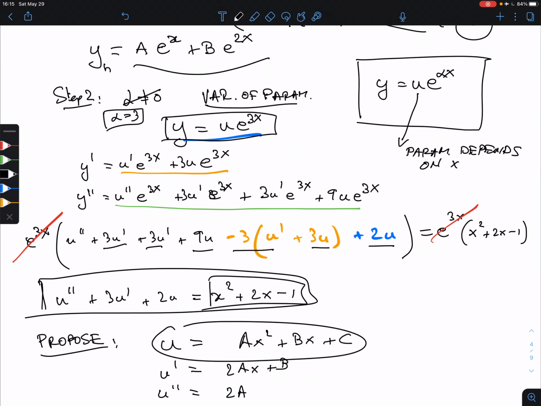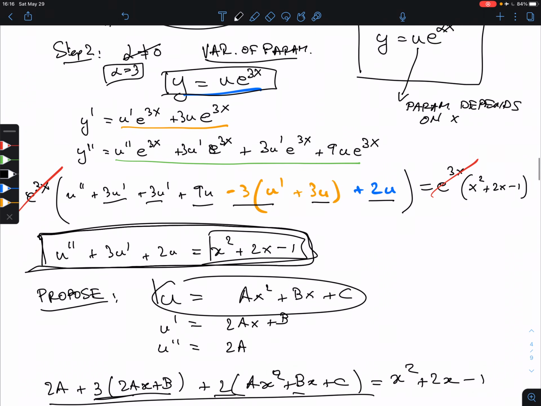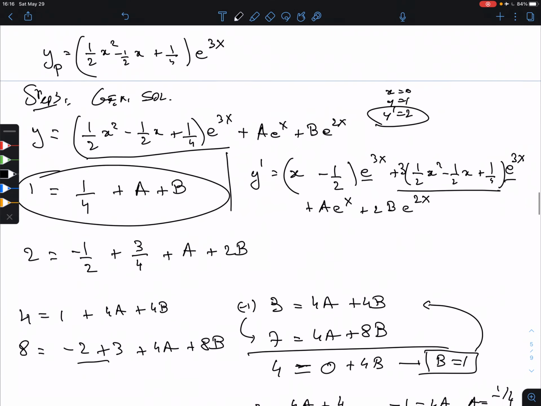We will end up with a linear differential equation with constant coefficients, in which the right-hand side is now just a polynomial, and that one we solve by finding a general polynomial with undetermined coefficients, but we have to be careful. If there is no u in our differential equation, then we have to multiply with an x here.